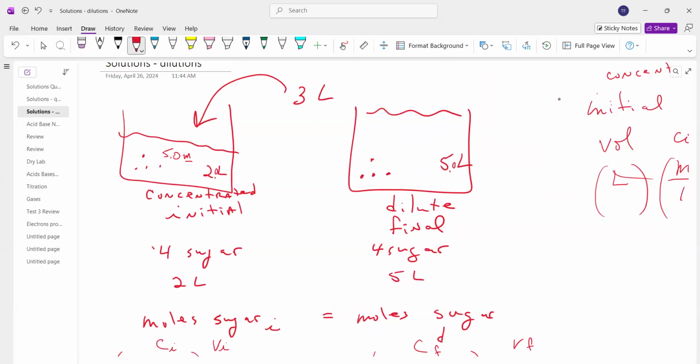And we want to dilute this down to 2 moles per liter.